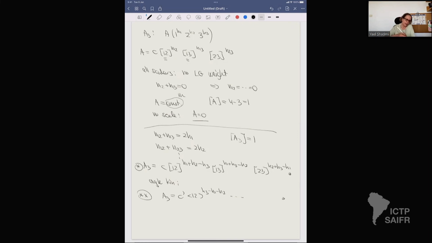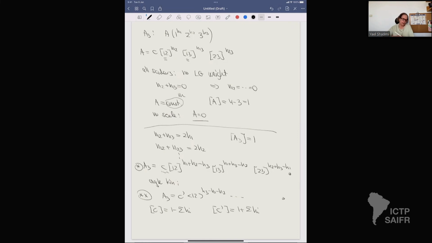And so you can see that the C here has dimension 1 minus the sum of the helicities. And similarly, C prime has 1 plus the sum of the helicities. And that's the end of the story.